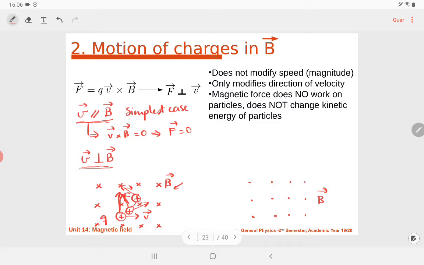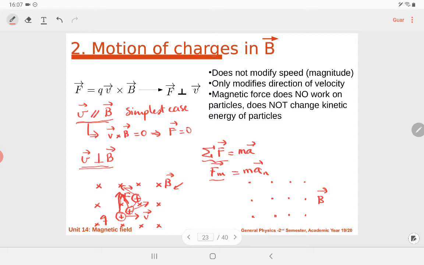So this is going to provide a normal acceleration. If you remember Newton's second law, if there is only the magnetic force, and this force is perpendicular to the velocity, then there can only be a normal acceleration, always perpendicular to the path.